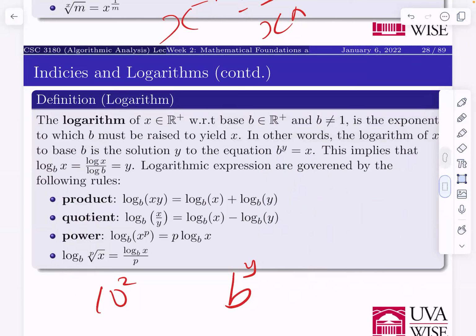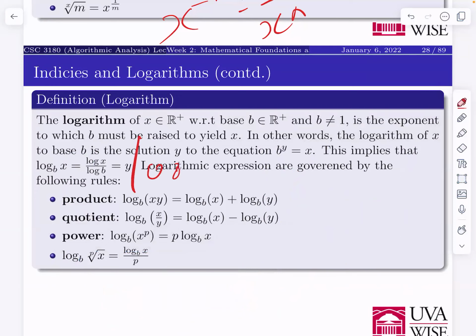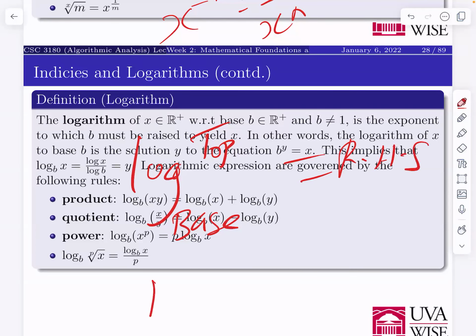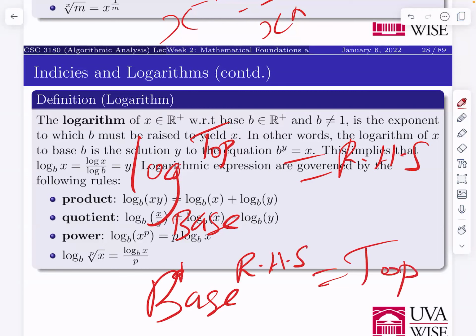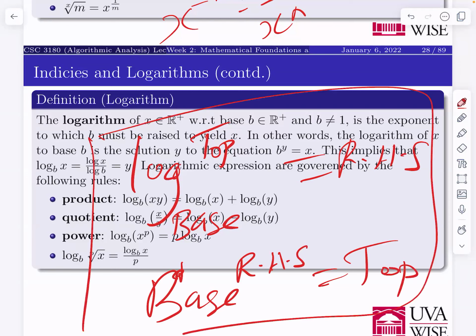Now, if I say log top base equals right hand side, then base raised to the power right hand side will give you top. Now, if you can memorize this, it's going to help you. Log top to base equals right hand side. Then base raised to the power right hand side gives you top.